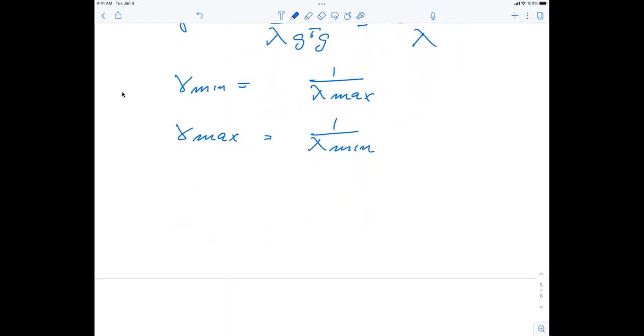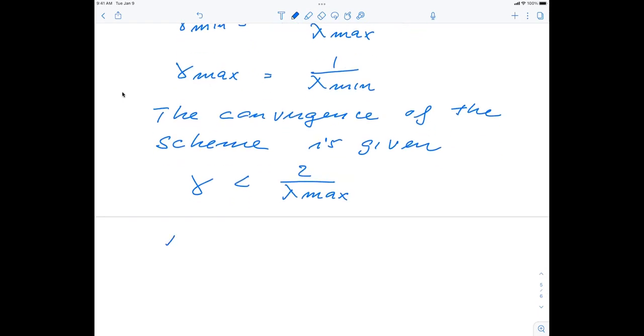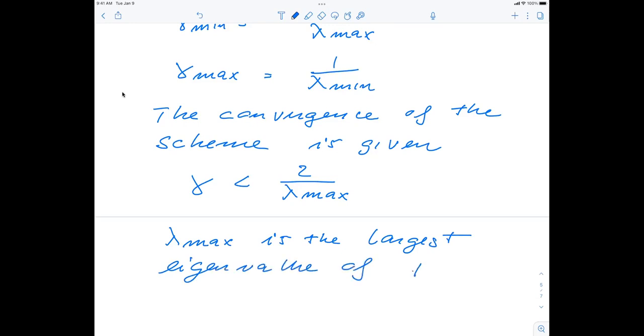What you can show, if we analyze the Hessian matrix, is that the convergence of this Newton-Raphson scheme, and how fast it converges, is given by a condition: gamma less than 2 divided by lambda max of H, where lambda max is the largest eigenvalue of H. So if you can diagonalize the Hessian matrix, that can tell you a little bit about what you should choose as the parameter gamma.